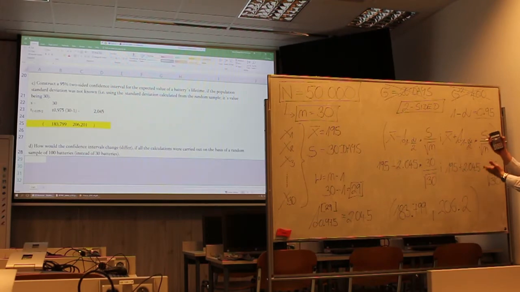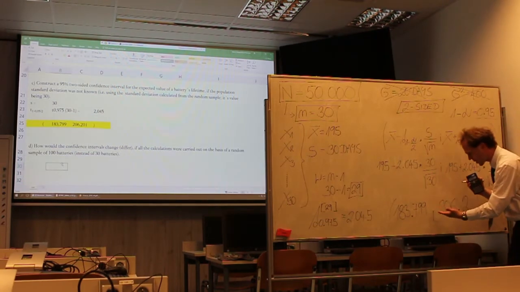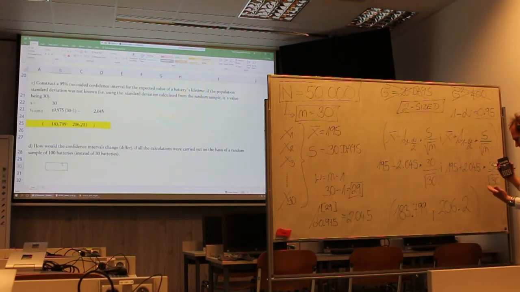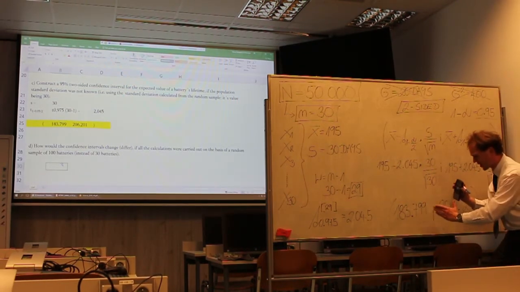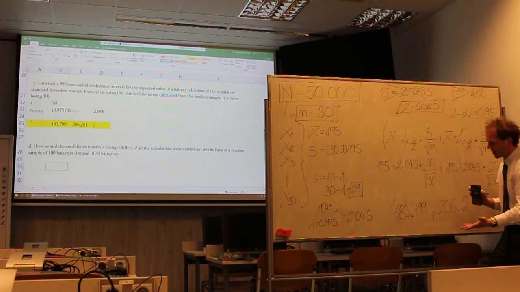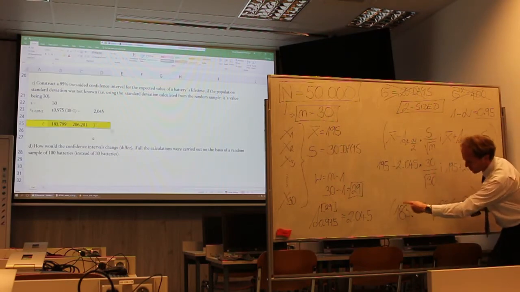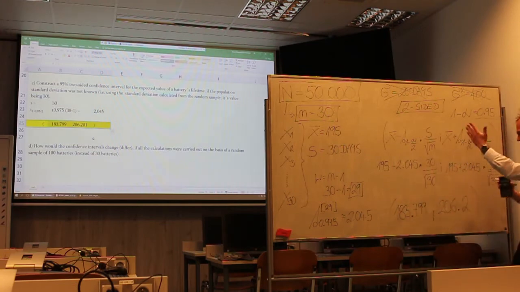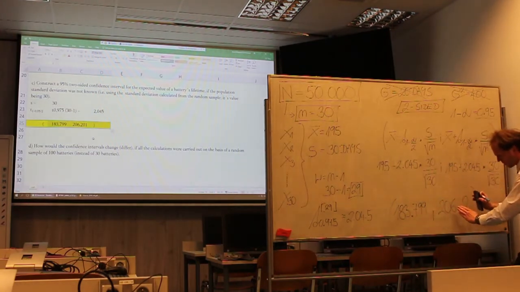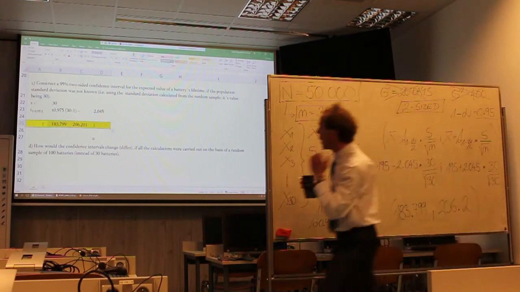So on the basis of our sample, with 95% probability, we can expect that the battery will be able to work at least this number of days, and at most this number of days.